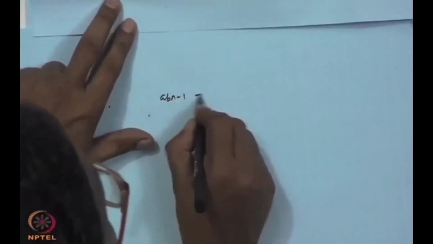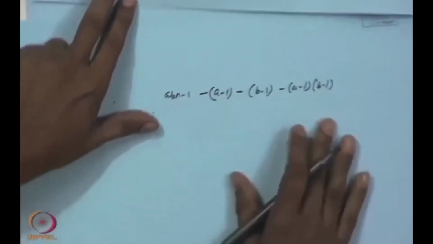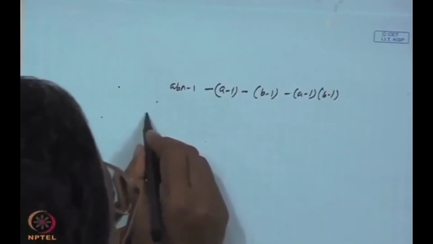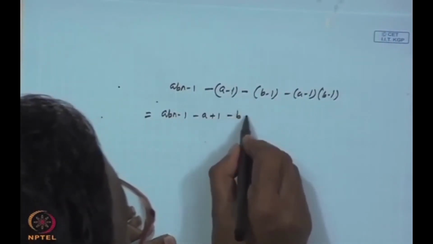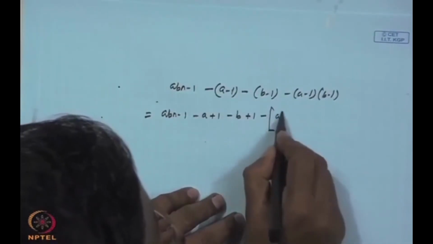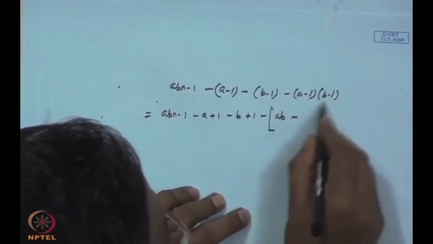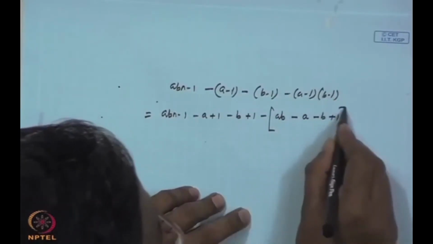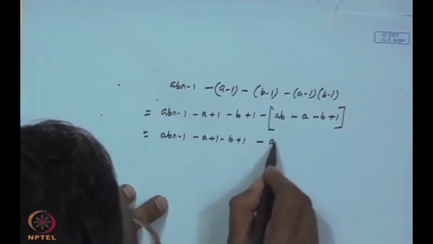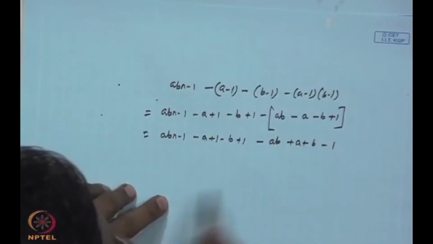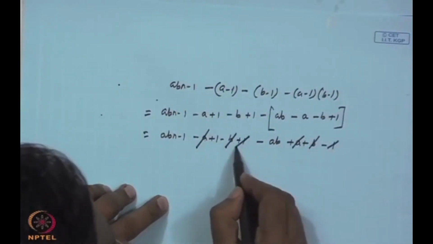ABn minus 1 minus A plus 1 minus B plus 1 minus (AB minus A minus B plus 1).